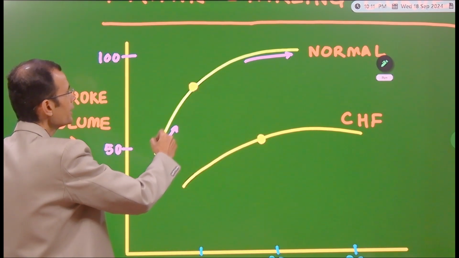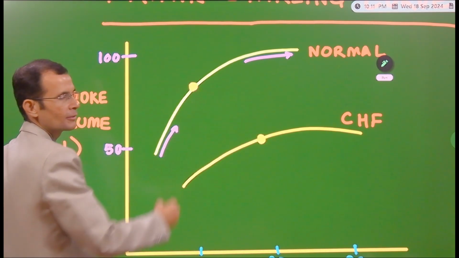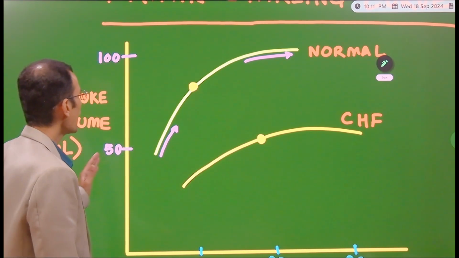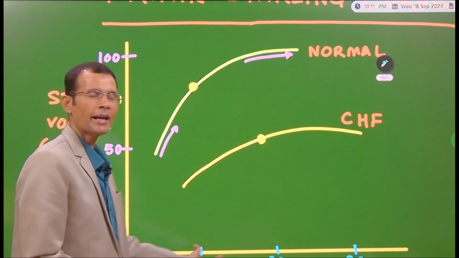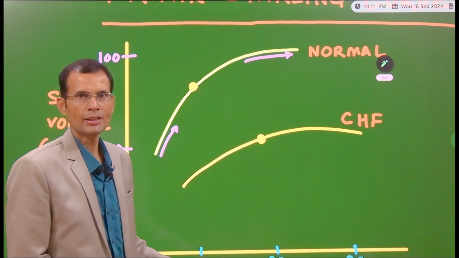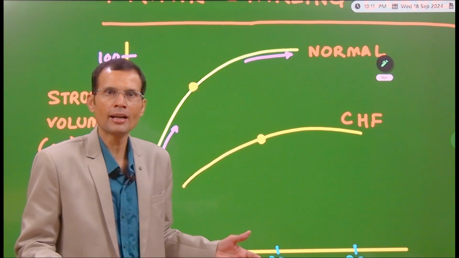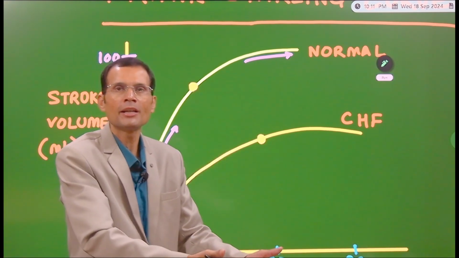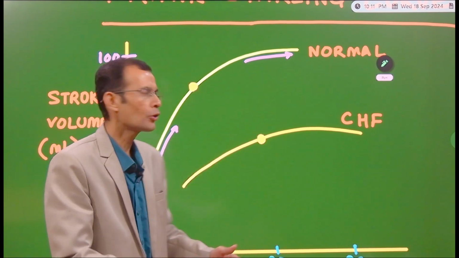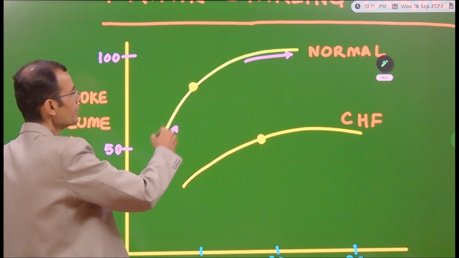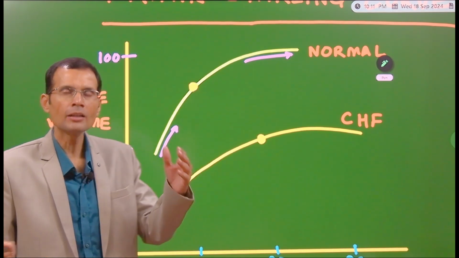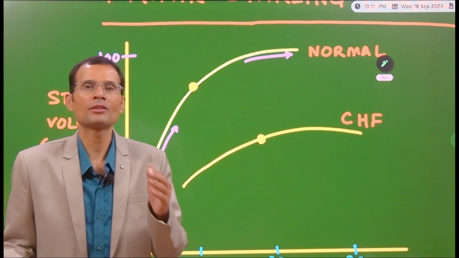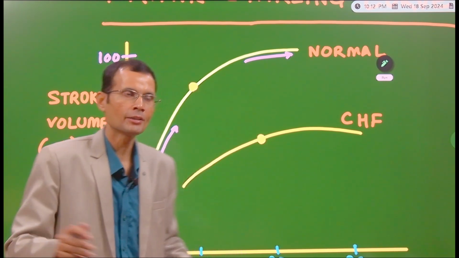You can see the initial part rising like this, meaning that the stroke volume is increasing for an increase in the end diastolic length of the ventricular muscle fiber. So the greater the end diastolic length, the stronger will be the next systole and the greater the stroke volume ejected. So this part is called the preload dependent part. End diastolic volume is also considered as the preload on the ventricle.